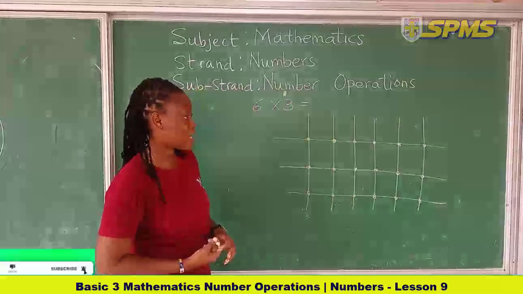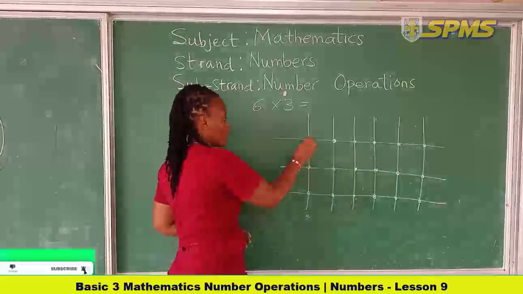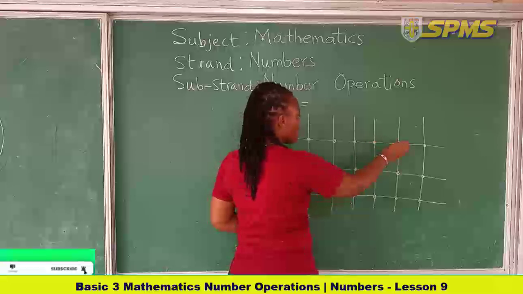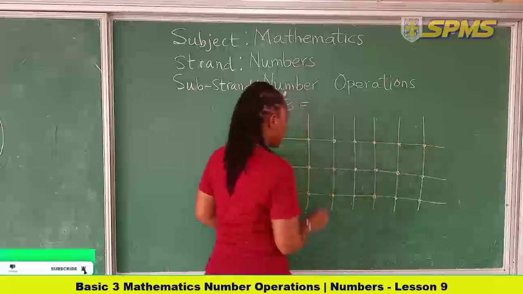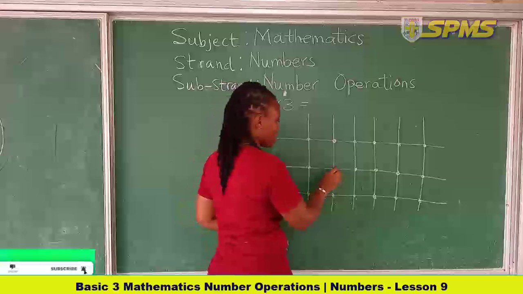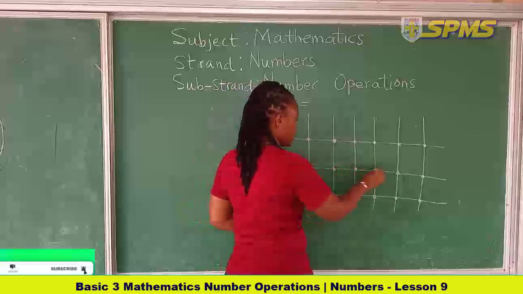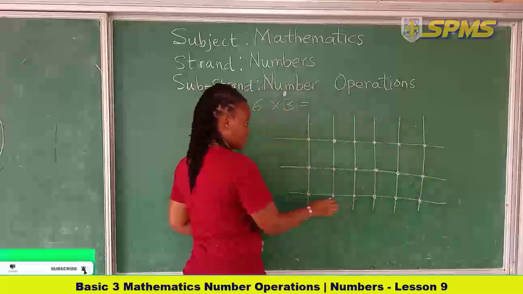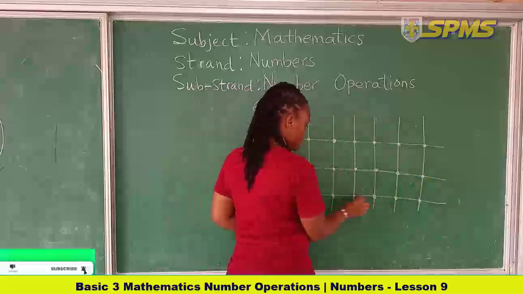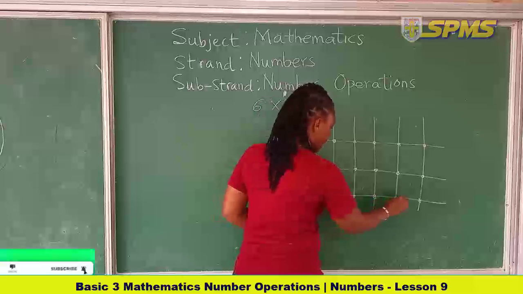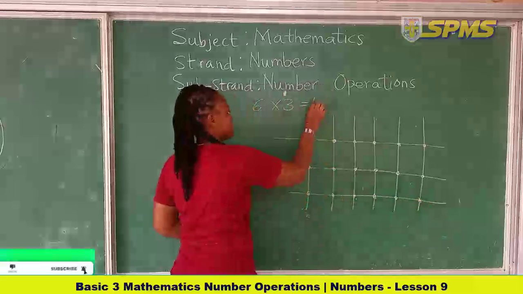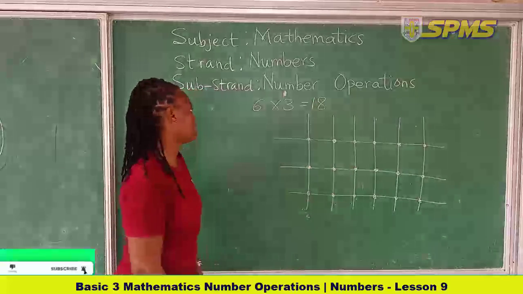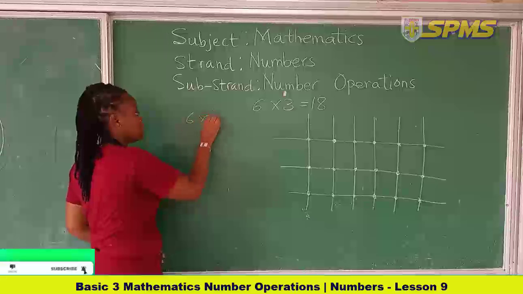Let us count our intersections. 1, 2, 3, 4, 5, 6, 7, 8, 9, 10, 11, 12, 13, 14, 15, 16, 17, 18. So our answer is what? 18.